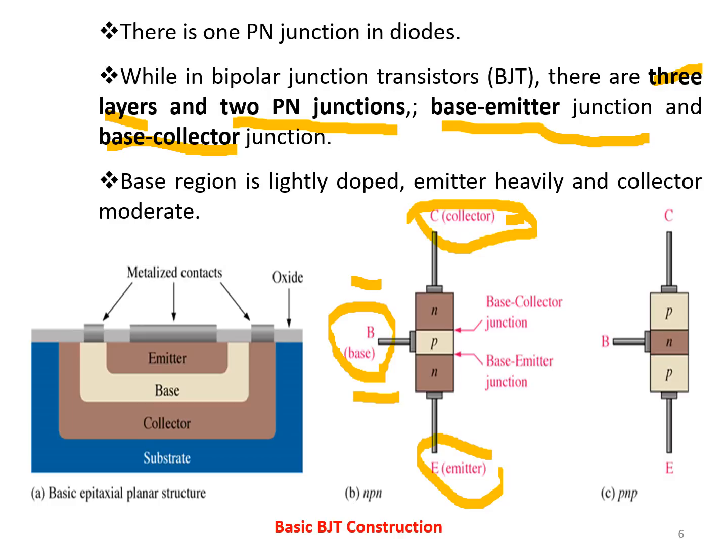What is the dope process? Dope process is the process to add current flow ability to the region.